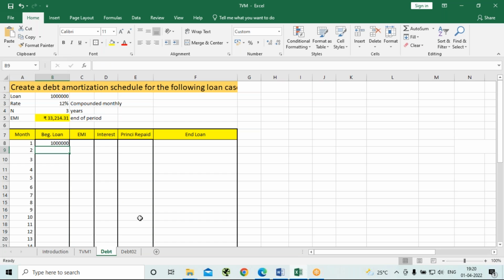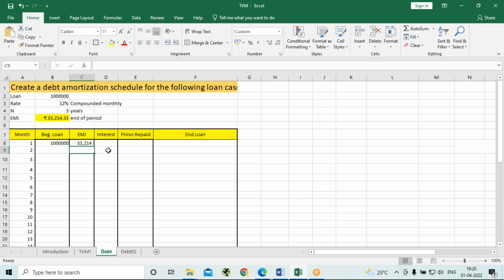Yes. So the beginning loan amount is going to be 10 lakh. What is the EMI? It is going to be equals to the EMI amount.